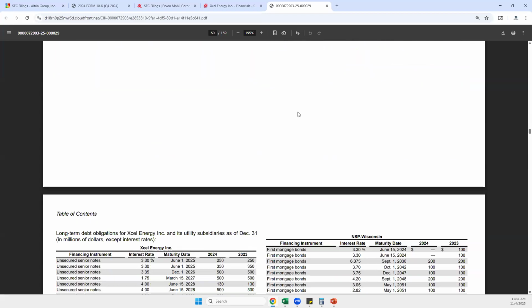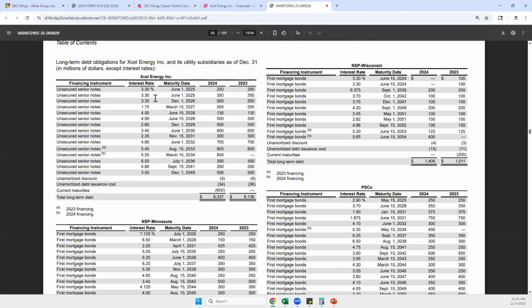And then for their long-term debt, a lot of companies will actually disclose every single bond that they issue. So they're disclosing here that they have unsecured senior notes, 250 million due June 1st, 2025. They've got these amounts. They disclose the interest rate. And they've got debt due all the way up to 2049.